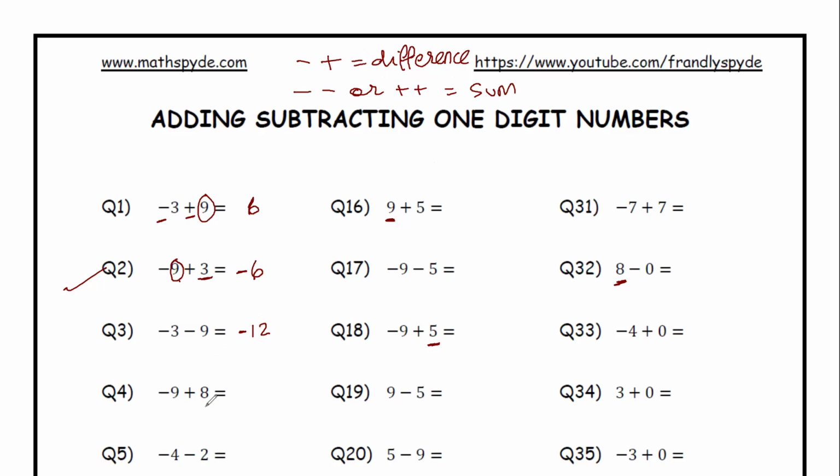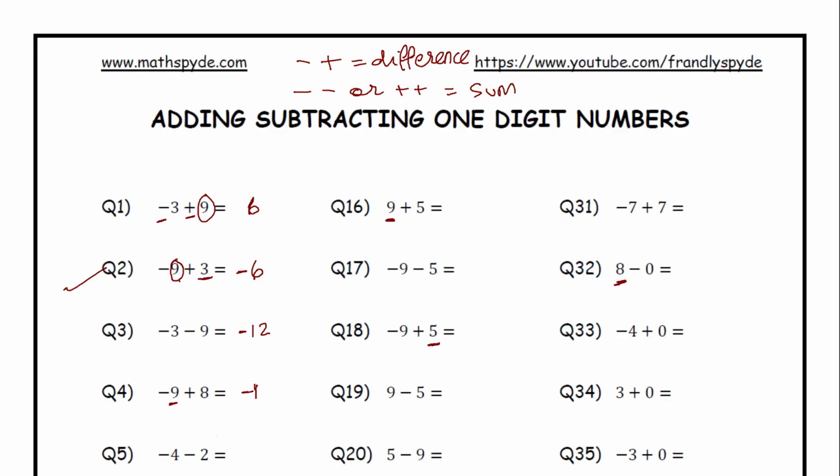Now we got a negative and a positive, so the difference of the two numbers is 1, and the sign will be of the bigger number, which is this, minus 1. So that's one of the ways of learning it, and it really helps with students who find it difficult to understand the difference part or the subtraction part.